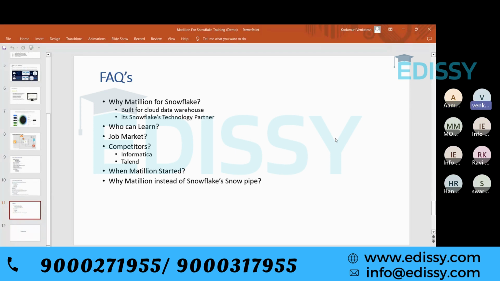Since you have some background in Hadoop, that is nothing but the previous version of data warehouses, data engineering technologies. At that time it was booming. If you make a little shift in your mindset or thinking process, you can do it.